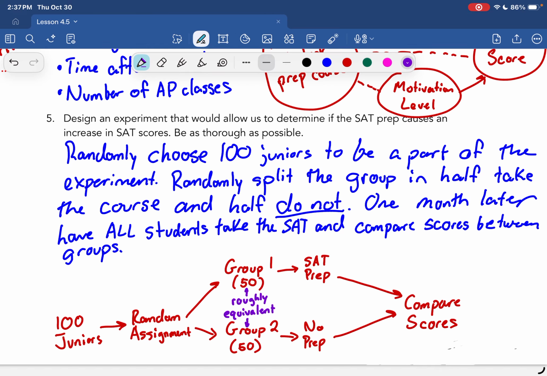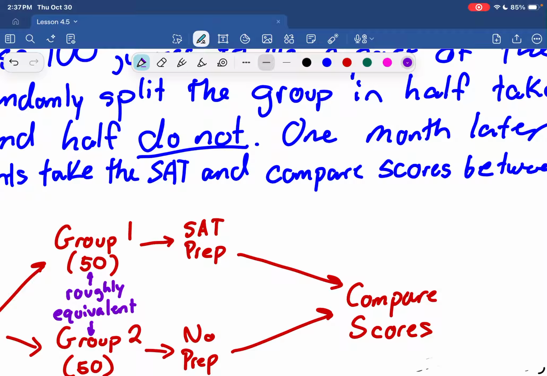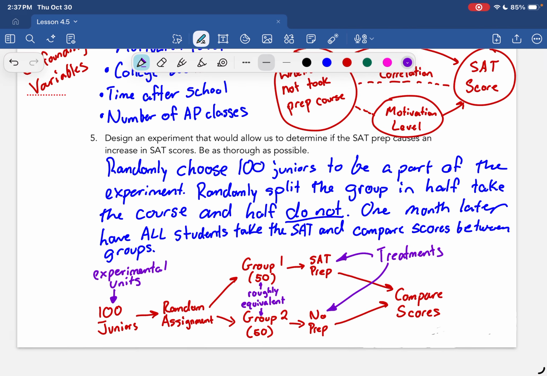Couple other ideas here. Your experimental units, and we're going to talk about that in the quick notes. That's your 100 juniors, right? That's your group. We talked about group 1, group 2, roughly equivalent. And then our treatments. So what are we doing? What treatment are we imposing is now SAT prep and no SAT prep.